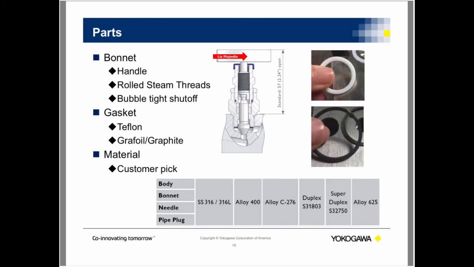Here's another question. It says, what are the dominant failure modes you normally experience in these manifolds? Can you repeat that question? It says, what are the dominant failure modes you normally experience in these manifolds? They leak.